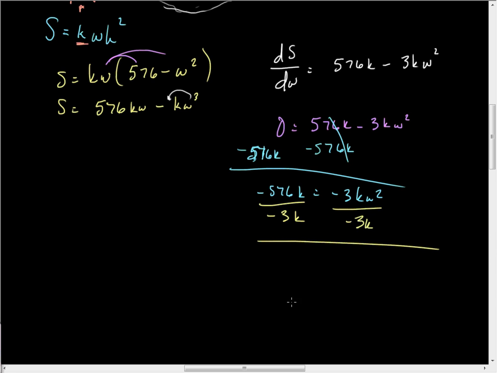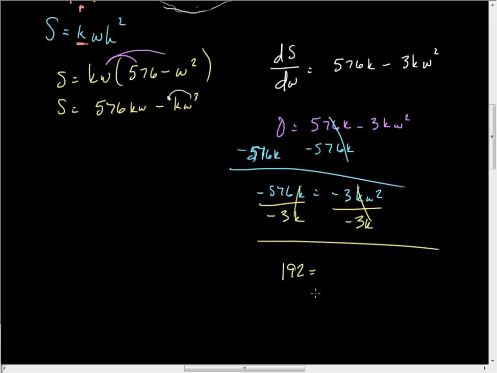And so we have now 576 divided by 3. This is where a calculator would come in handy. Oh, I happen to have one right here. So if we take 576 and divide that by 3, we get 192. Oh, that's handy. So we get 192 is equal to, and now the K's cancel, so our constant of proportionality really doesn't matter.